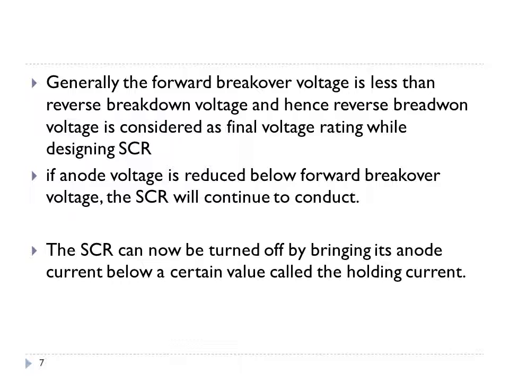Once the SCR is turned on, by removing the gate pulse we cannot turn it off. It will remain in conduction mode. So to turn off the SCR, we have to make the anode current fall below the holding current, which is the minimum current required to hold the thyristor on.